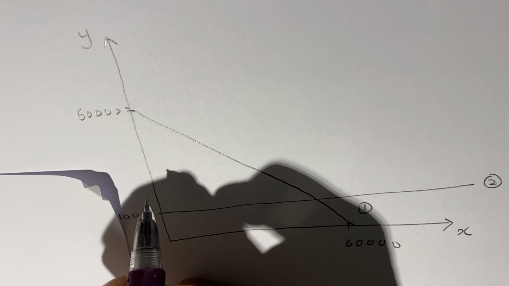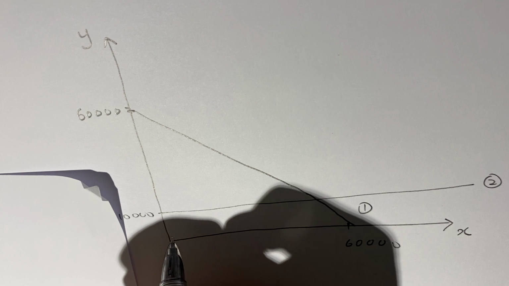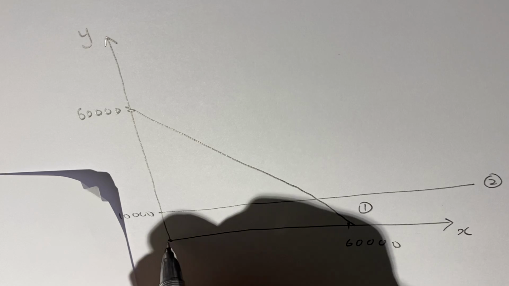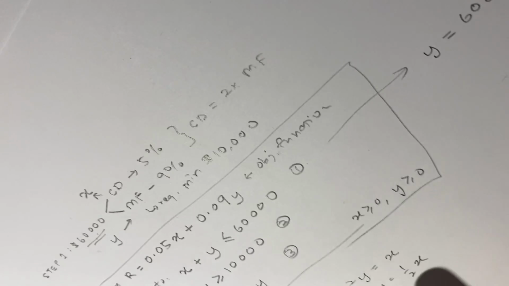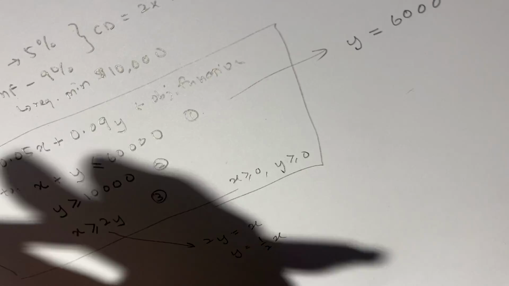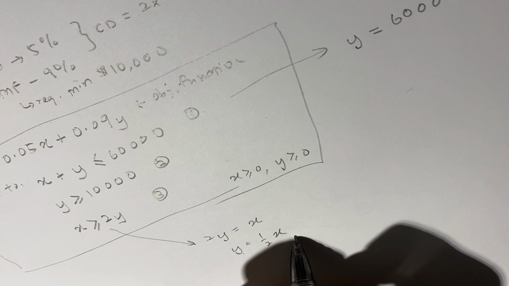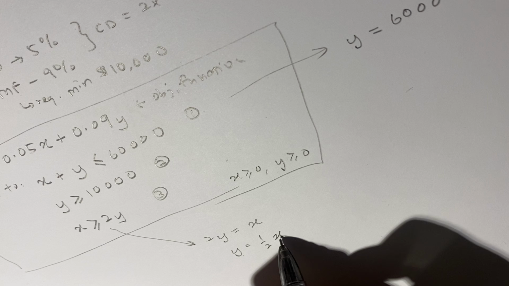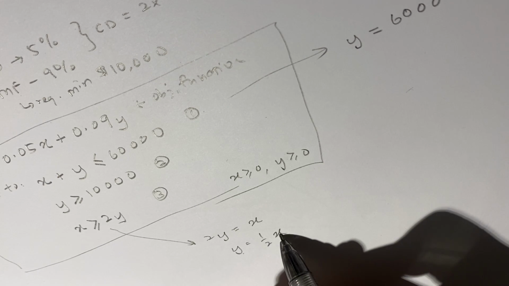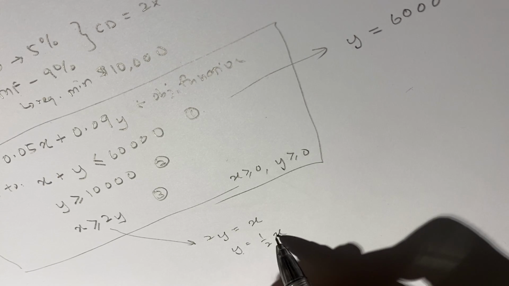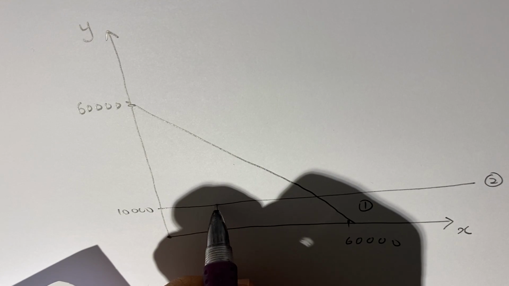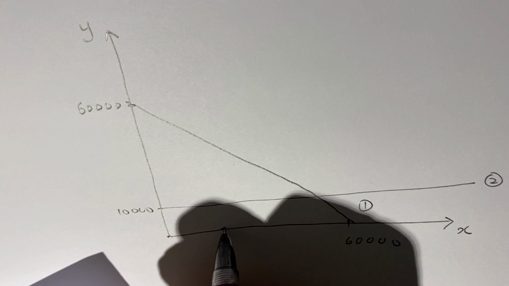The origin would be included in this equation, because when y is 0, x would be 0. What happens when the value of x is, let's say, 20,000? When x is 20,000, y would be 10,000. So when y equals 10,000, we have 20,000 here.